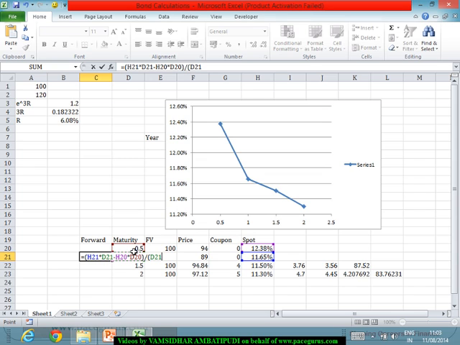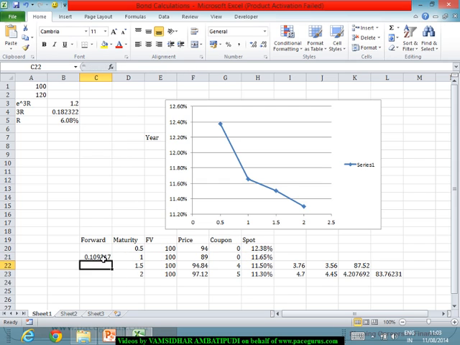So the forward rate between 0.5 and 1 year is going to be somewhere around 10.93%.